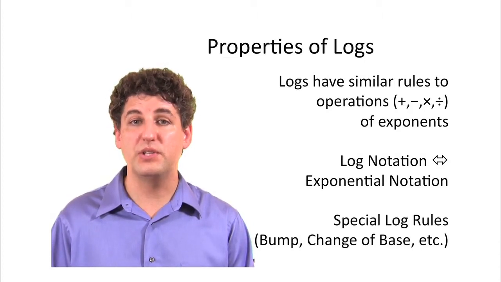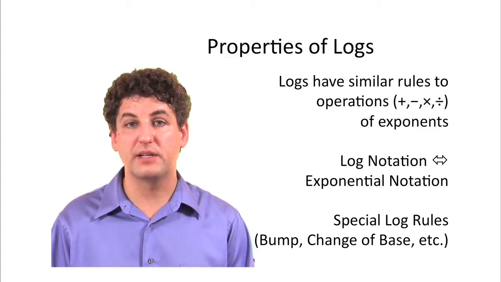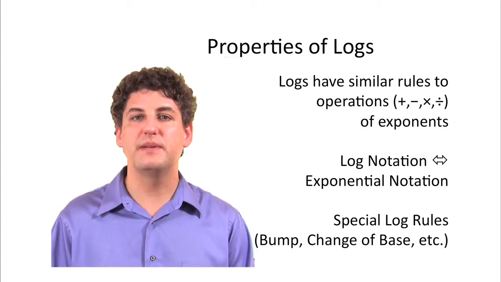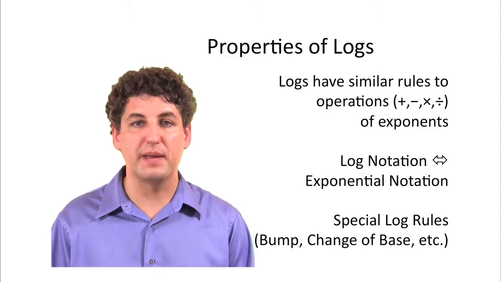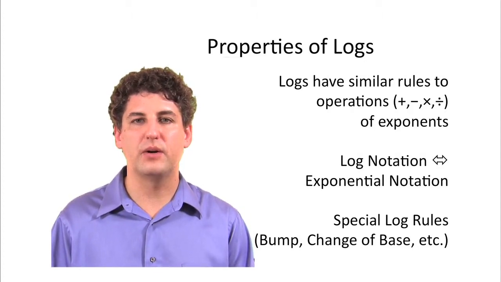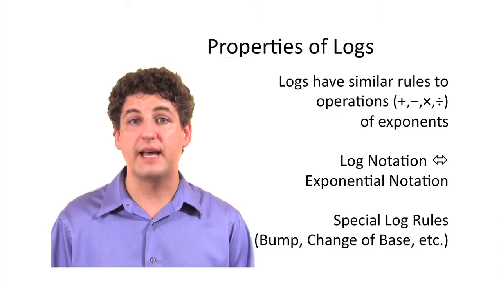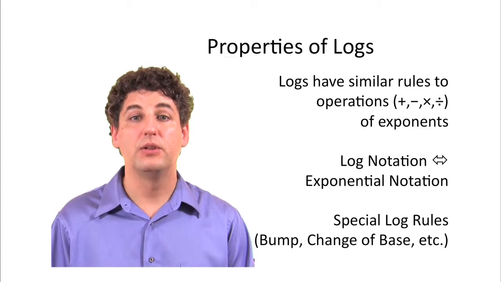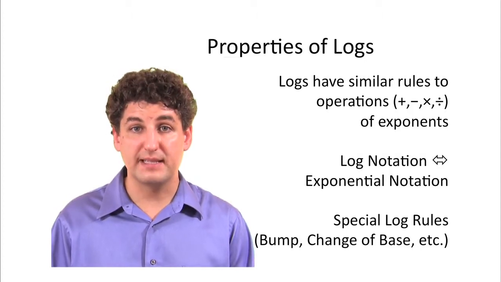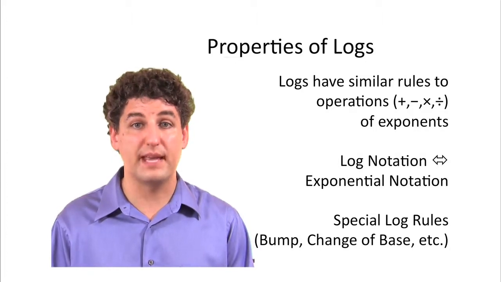And I want you to also pay attention to things like the bump rule, where you're actually converting between exponential and logarithmic notation, and also some of the other fun rules like the change of base rule, and one where the log of a number to that same base, for example log of 10 to base 10. Paying attention to those kinds of situations and what they mean.